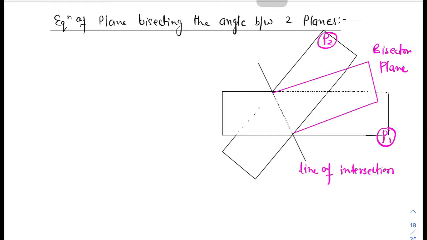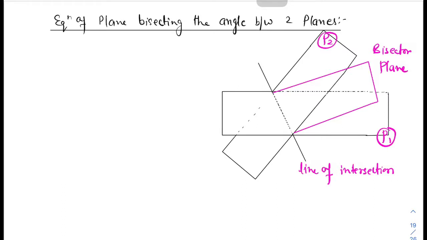So how to write the equation of this bisector plane? Also you can see that there will be two bisector planes. If one angle is acute, the other angle will obviously be obtuse, and then there will be two bisectors, one acute bisector plane, the other an obtuse bisector plane.